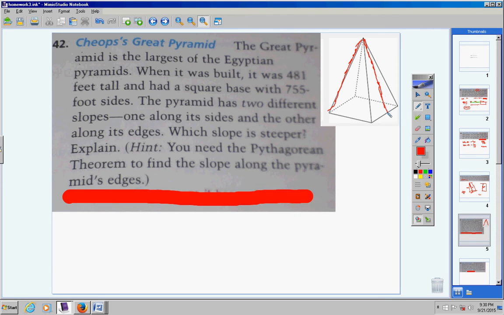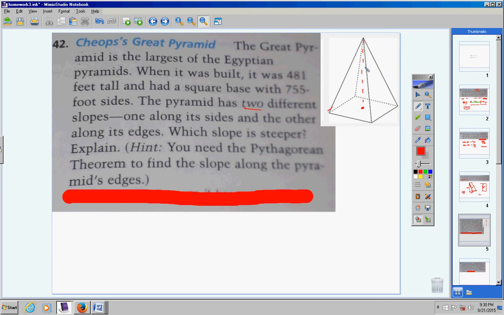Okay, that's what it says. Look, it says the pyramid has two different slopes. One along its side, this one right here, and one along the edge, this one right here. Which slope is steeper? Alright, no problem. Here we go. Let's get into this, okay? We know it's 481 feet tall, so I'm going to drop an imaginary dotted line right down the middle here and have it hit right here in the center.